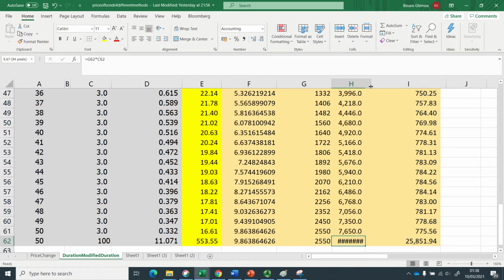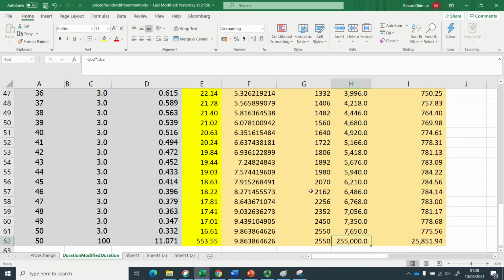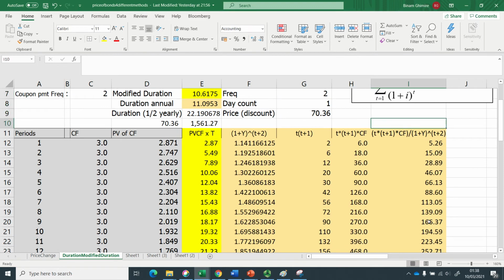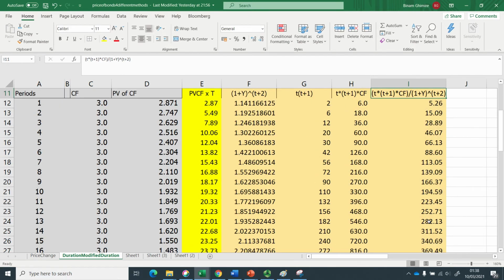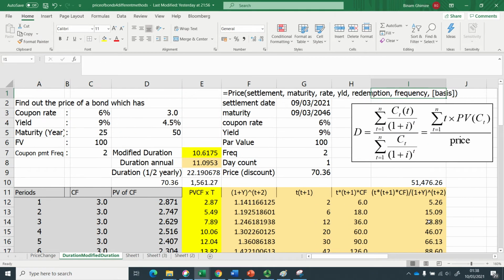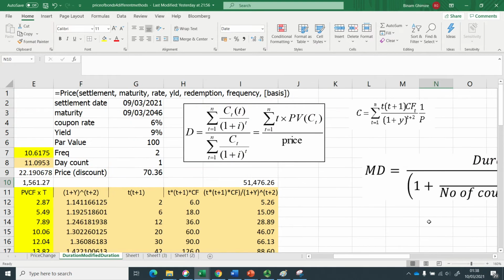So I computed that for all the cash flows, and this is being achieved. The next thing that I need to do is add them all together. So that's the sum, and after I have added them together, what I need to do is divide it by the price of the bond.